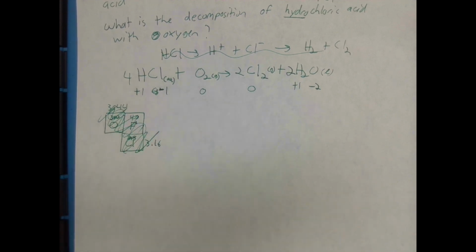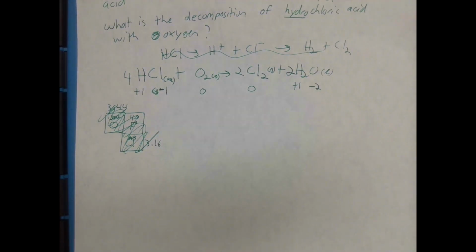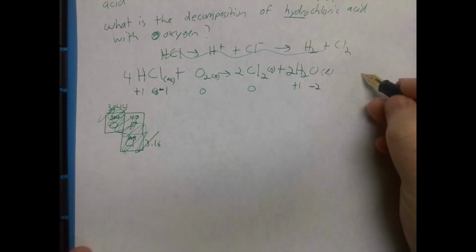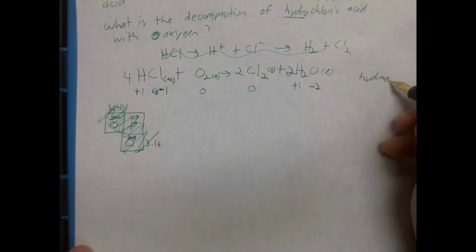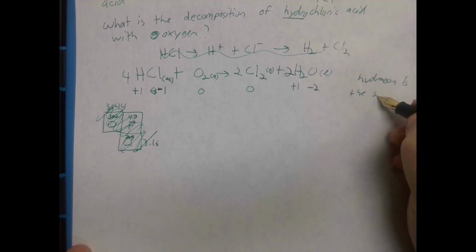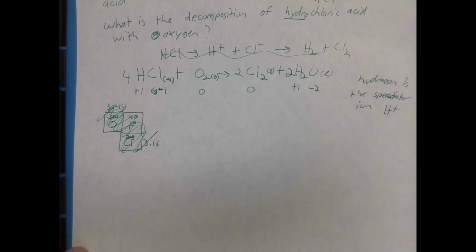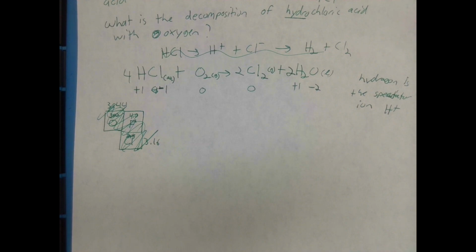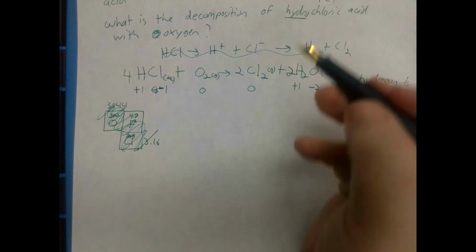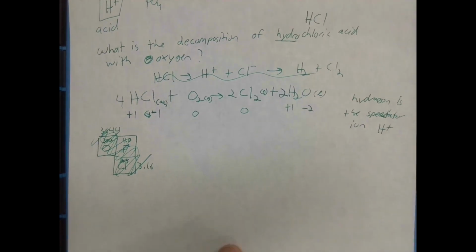So hydrogen never changes. That means hydrogen is called the what? Spectator ion. It stays H plus in solution. And I was saying up here, you can think of water as dissociating into H plus and OH ions.